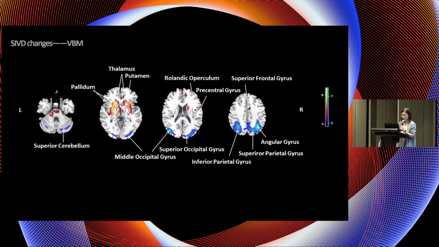Regions with relative increase in SFAD include right superior frontal gyrus, right precentral gyrus, right Rolandic operculum, and bilateral putamen, bilateral thalamus, and bilateral pallidum.